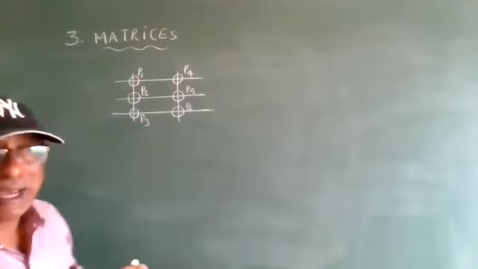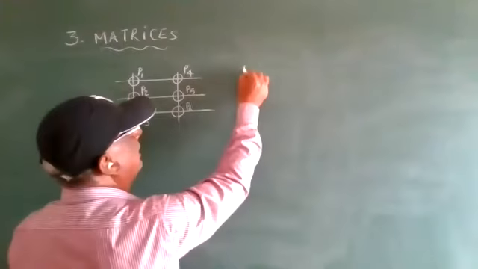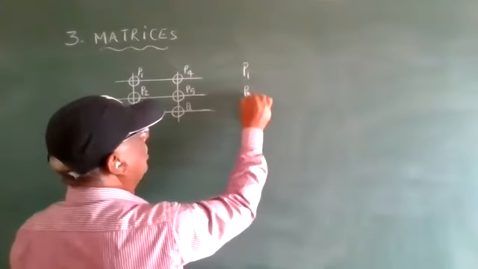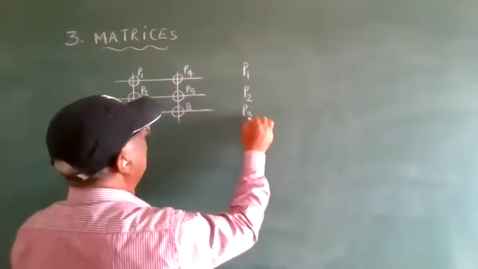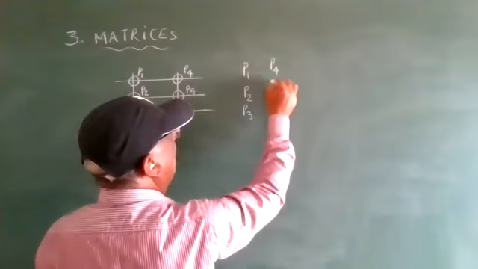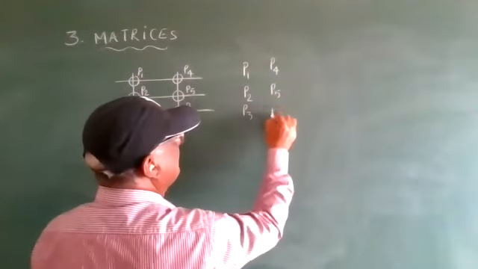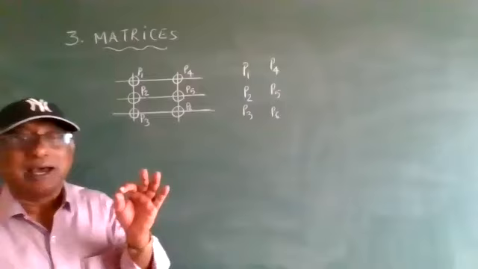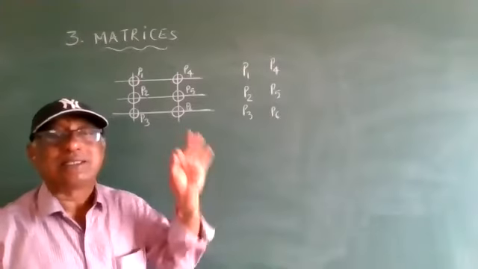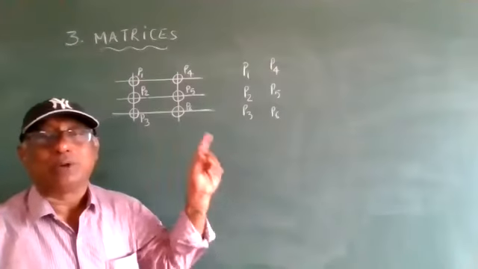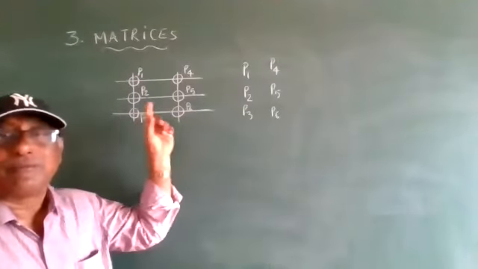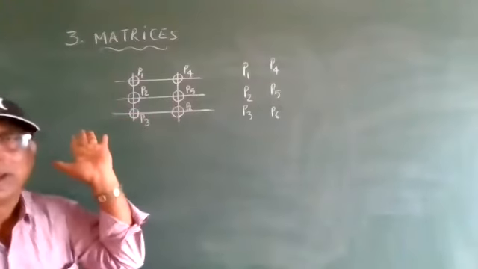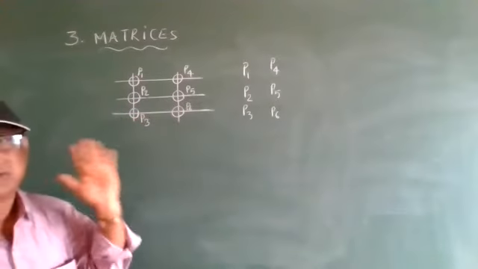What we are getting is P1, P2, P3, P4, P5, P6. This is called a matrix. Indirectly, from the straight lines concept, the points of intersection given as points is called a matrix.